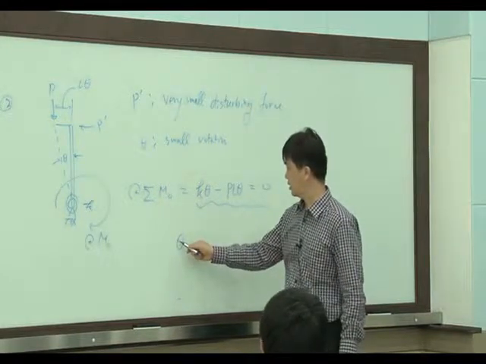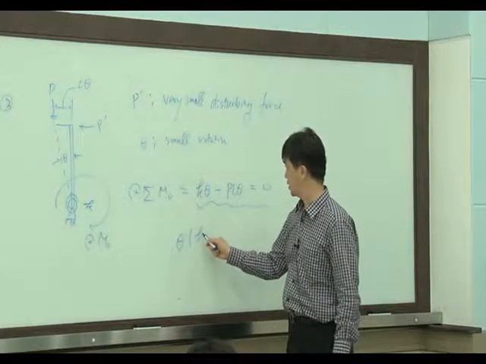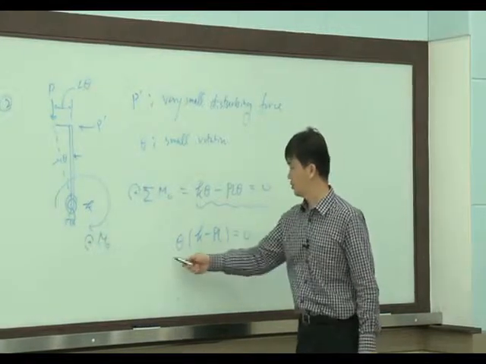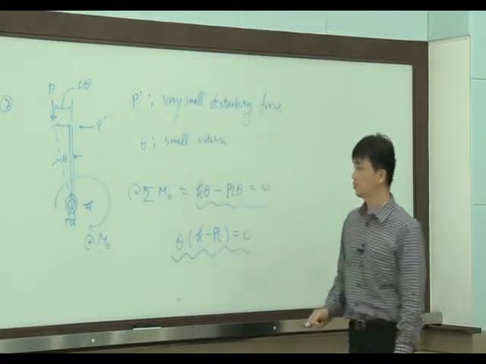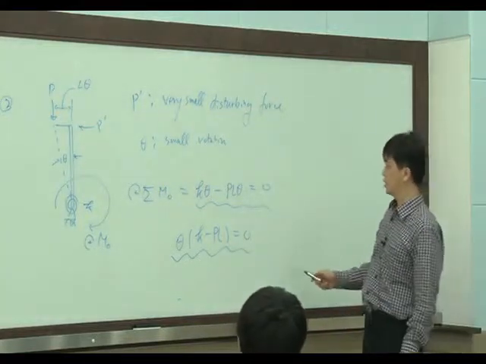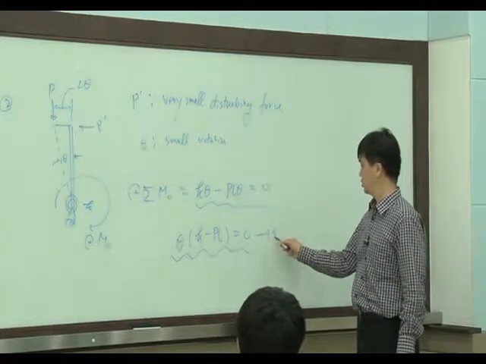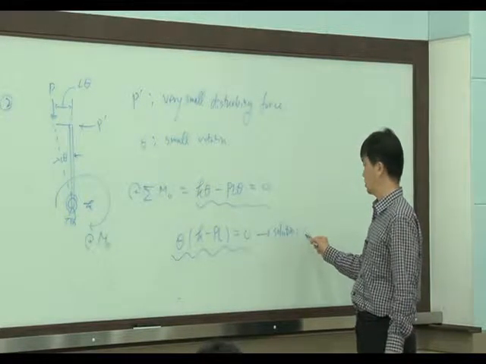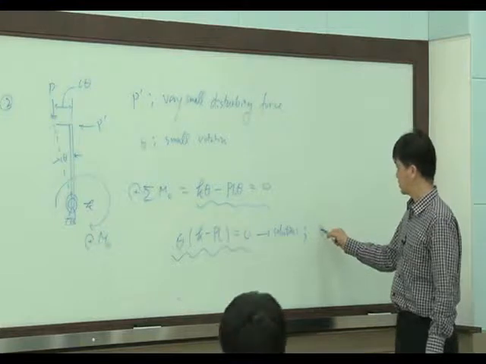Then let's write down this equation. So theta (K minus P L) equals 0. So for the solution, we have two solutions. One is theta equals 0.